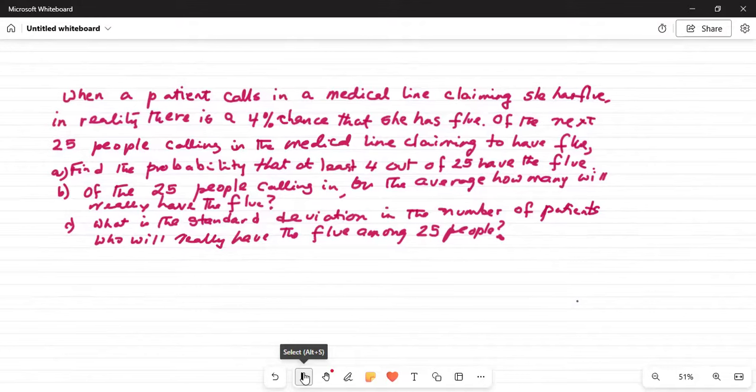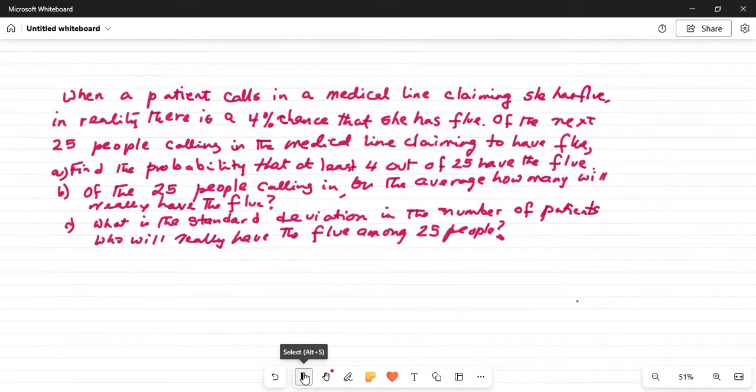So it can be 4, 5, 6, 7, 8 up until 25. Basically we have to find each of these probabilities: the probability that 4 people out of 25 have the flu, that 5 people out of 25 have the flu, and so forth, up to 25 people out of 25, and add those probability values.